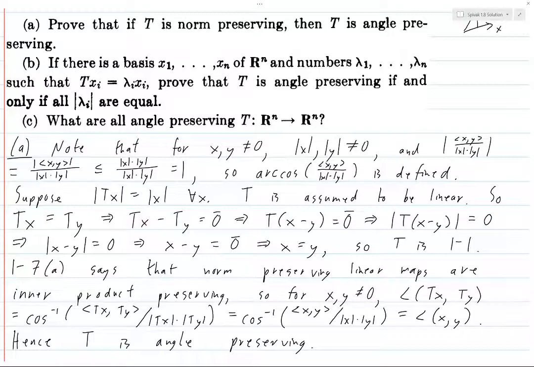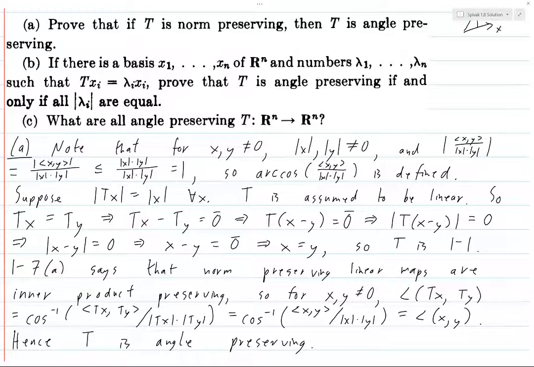Of course, this is beyond the scope of the background that's expected for this textbook, and so it probably wouldn't be included as an exercise. And so I'm not even going to discuss a condition which is equivalent to T being angle preserving, although I'm pretty sure there exists one.